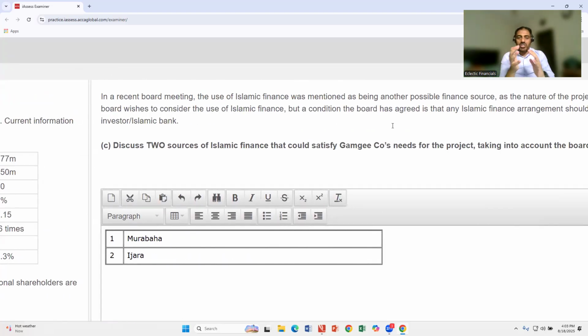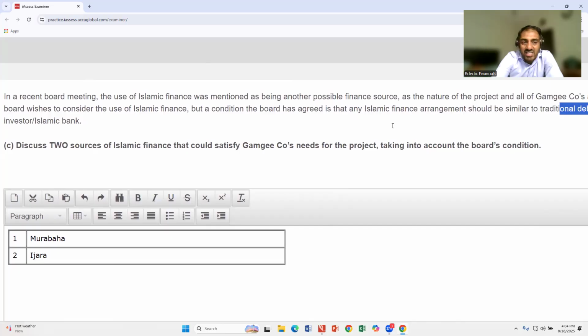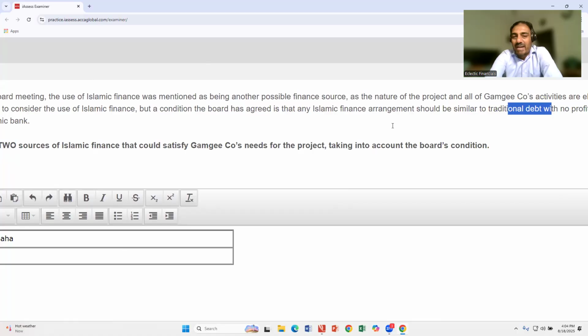So here is the question about Islamic finance, but very categorically, it is mentioned that Islamic finance is more related to debt finance. Very specifically, discuss 2 sources of Islamic finance that could satisfy the Gemgee company need for the project, taking into account the board conditions.